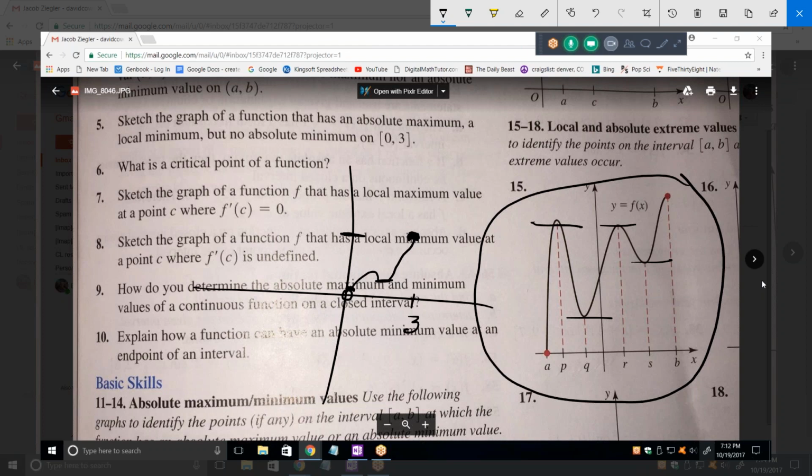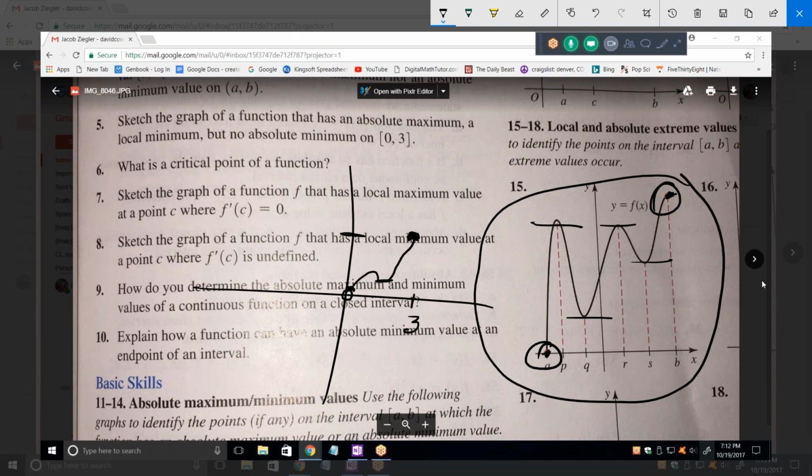If you're looking for maximums and minimums, frequently you have to examine endpoints also, but I don't think those are counted as critical points. In other words, I don't think A and B are critical points. If they asked you to find the maximum or the minimum in that interval, you would have to check all of the critical points and the end points, because clearly that's an absolute minimum, A, and B is an absolute maximum.